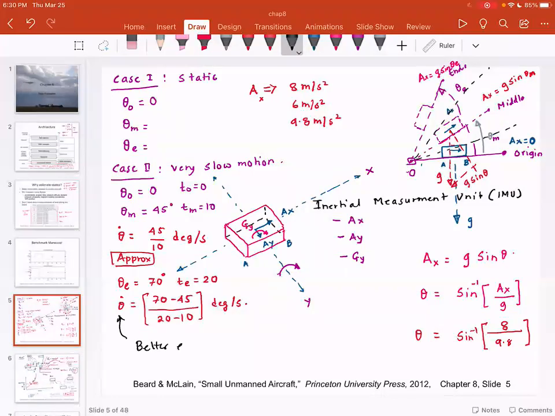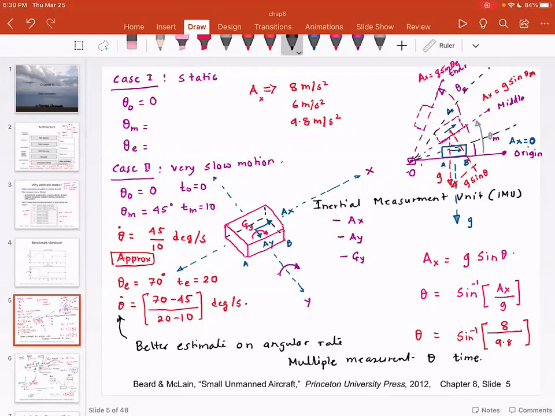So multiple measurements of theta and time. Now, this is all happening in the code. But now let me ask you this question.